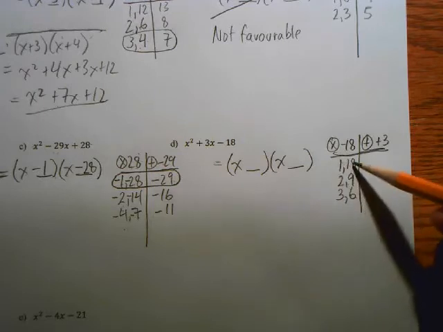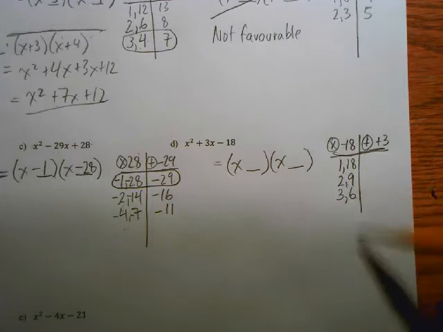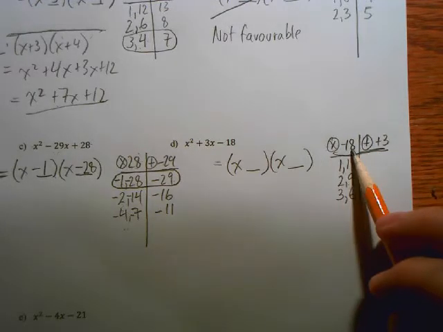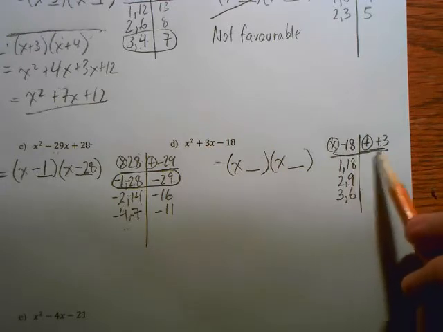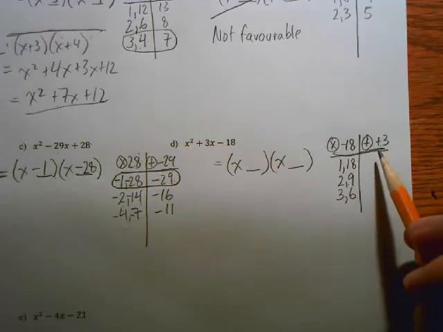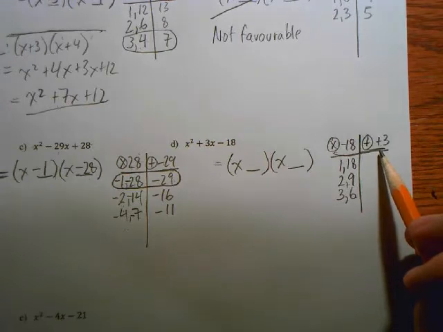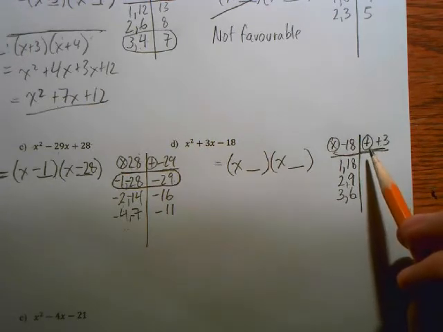So you'd have negative 1, 18, 1, negative 18, etc. You'd have actually 6 different pairs.